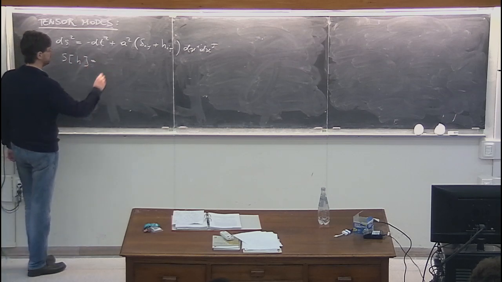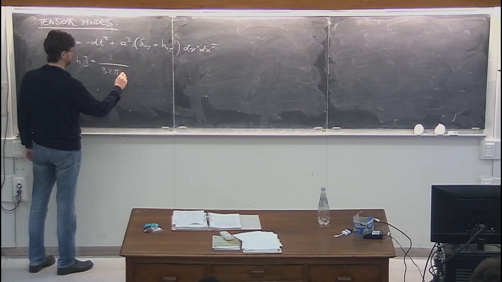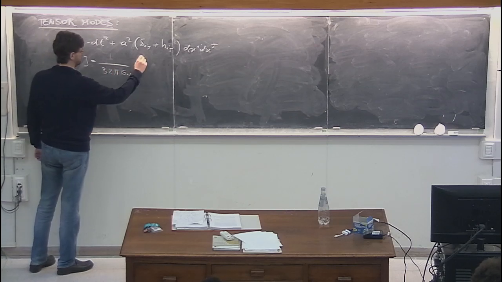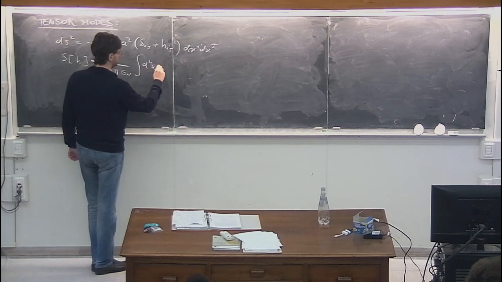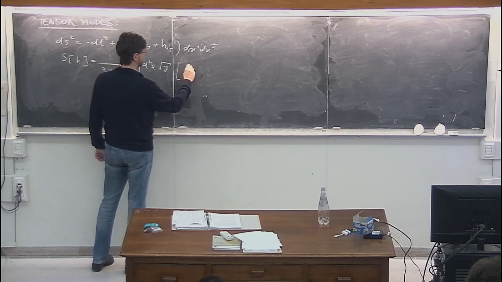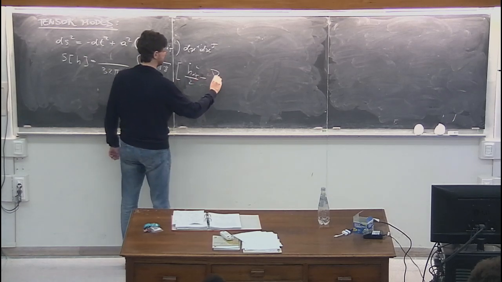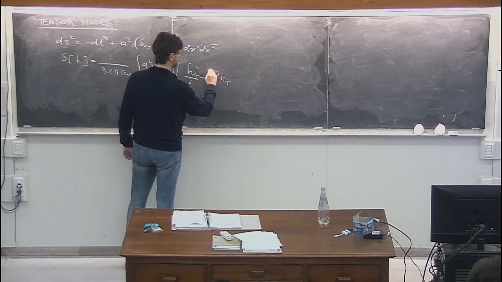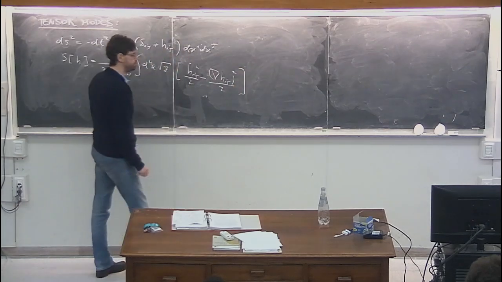So if you look at the way it's written, the final result is 1/(32 pi G_Newton) times the integral in d^4x of the square root of minus g, and then here you have basically h dot_ij squared divided by 2 minus the gradient of h_ij squared divided by 2. Okay?